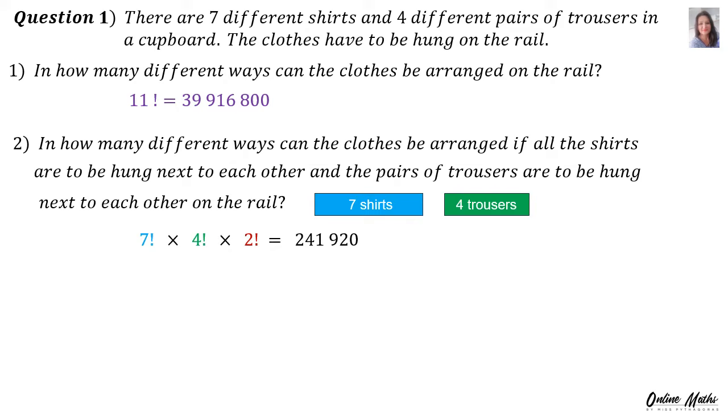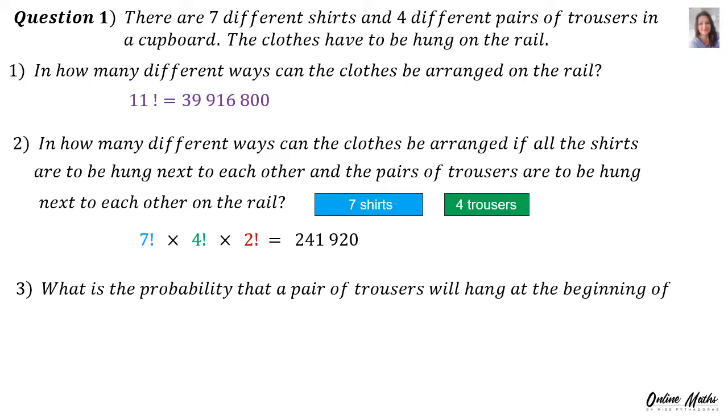For shirts and trousers can be arranged in 2 factorial ways. And then your answer, 241,920.